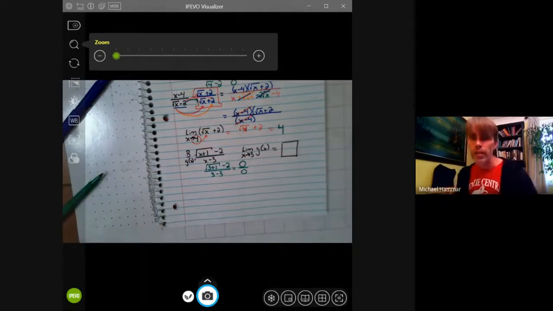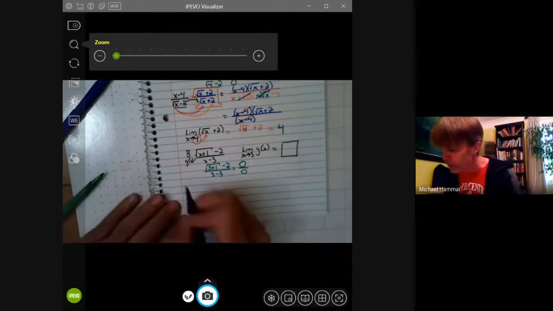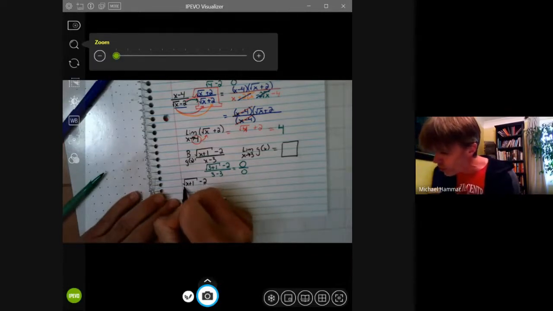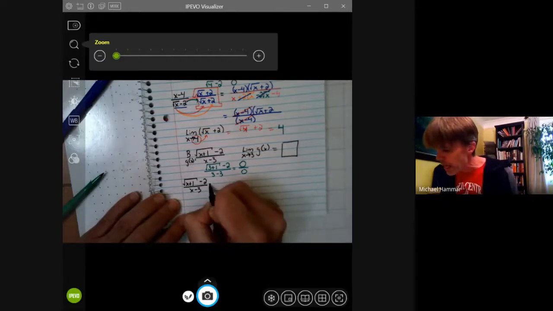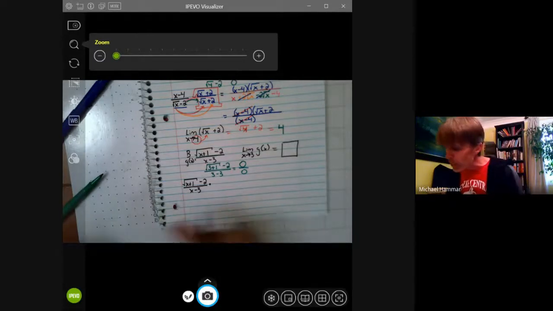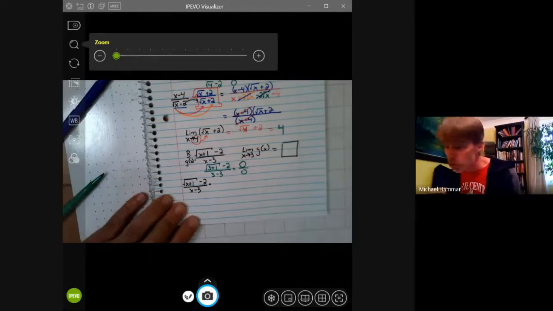So, if you have the indeterminate form and you see a square root, your brain should automatically go to rationalize this fraction. So I'm going to rewrite the fraction: the square root of x plus 1, minus 2, over x minus 3. And we are going to multiply it by a value of 1. Remember, that value of 1 needs to rationalize, in this case, the numerator.